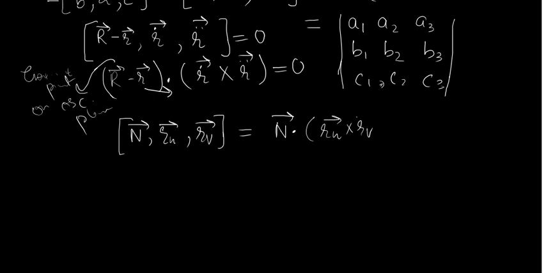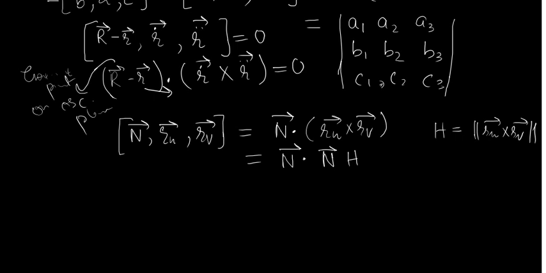But ru cross rv is nothing but n, the vector, multiplied by the scalar h, where h is the modulus of ru cross rv. So it is n dot n times h, but n is a unit vector, so n dot n is 1, and this is just equal to h.